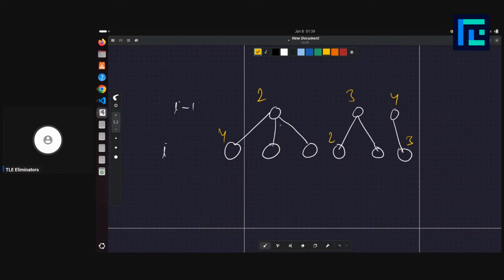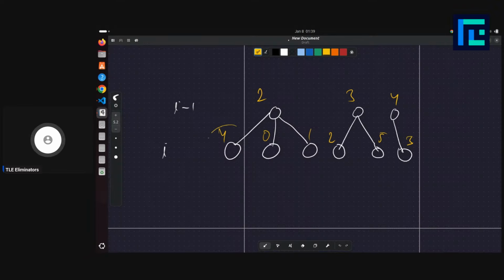Now I have done this, and for the remaining nodes I can just give them new numbers, because I have already used 2, 3, and 4. So I will use new numbers. Let's say I give this 0, this one 1, and this one 5, right? So that is what I will do.